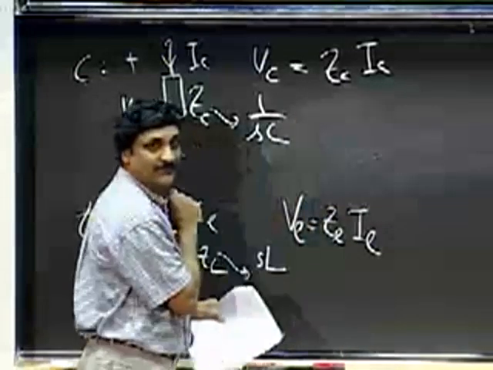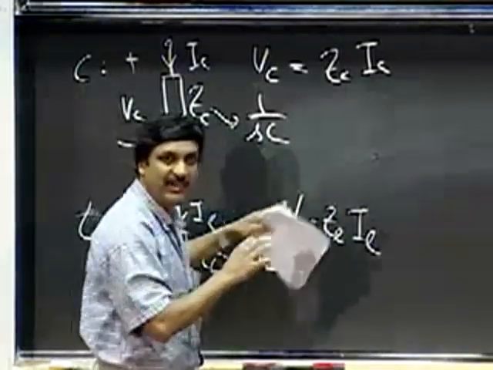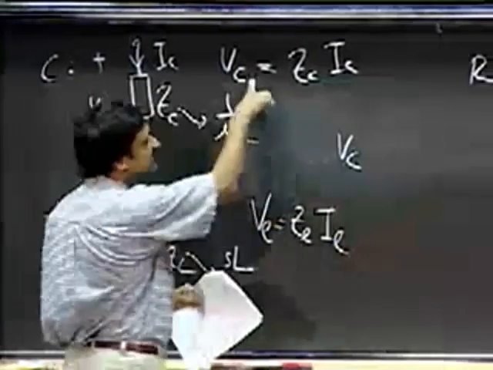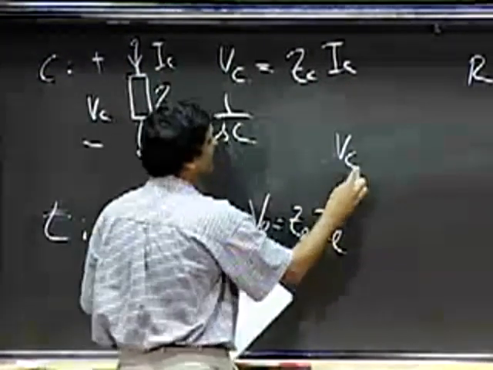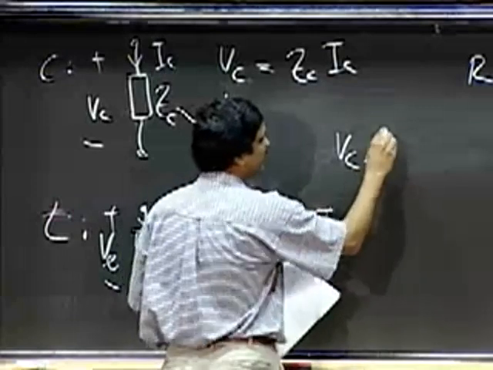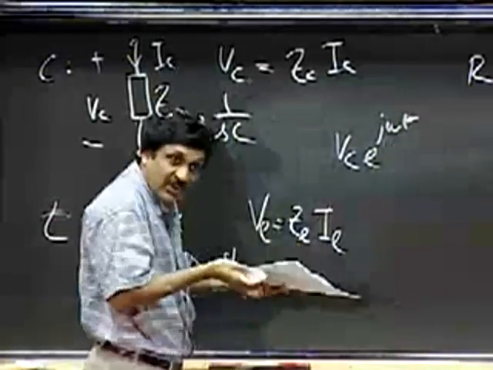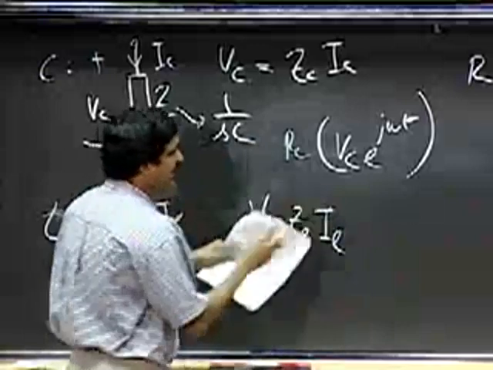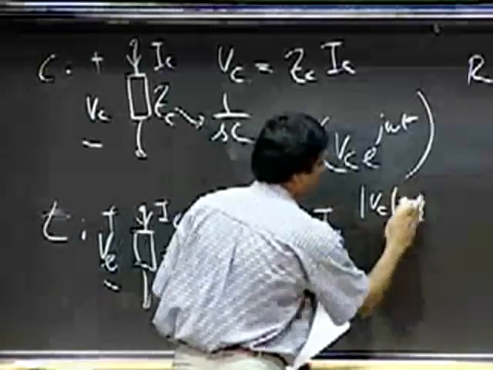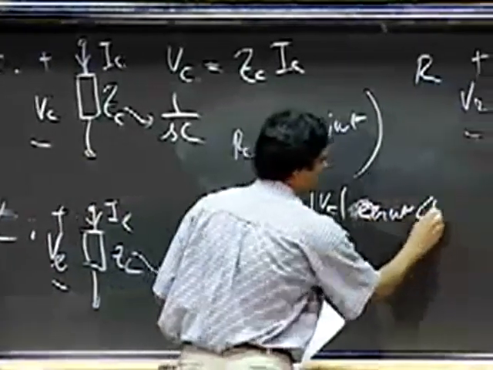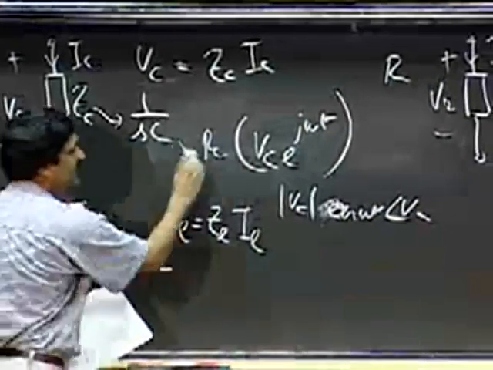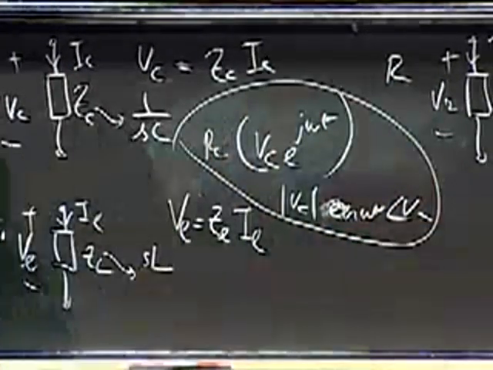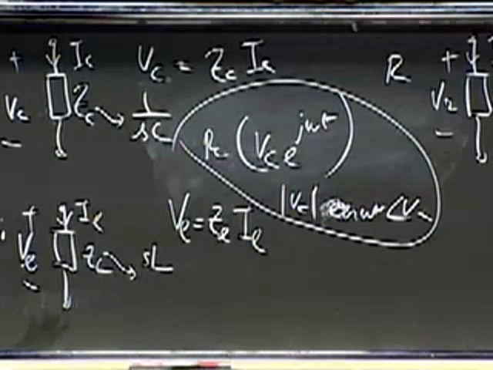Implicit in all of this is that if I measure VC at some place, it's really going to be VC e to the j omega t. And if I want the cosine, the real part, then I have to take the real part of this. And the real part of that will be VC cosine of omega t plus angle VC. This piece here kind of goes unsaid. We'll agree that we have to do it, but we just skip that step because it's obvious.